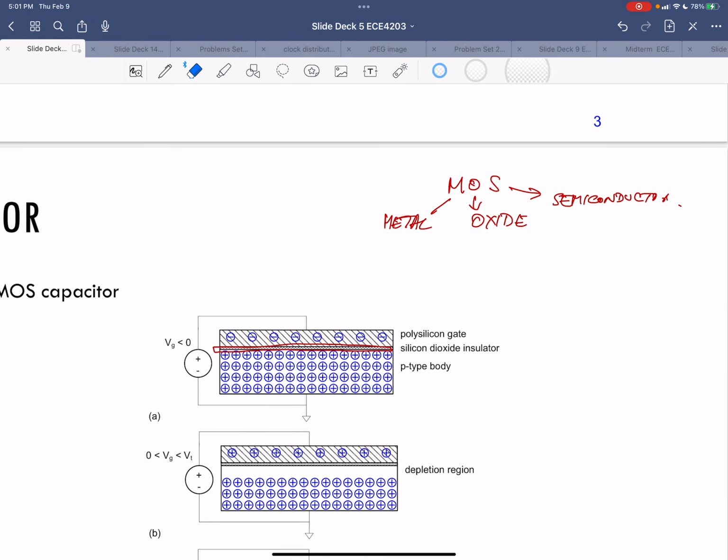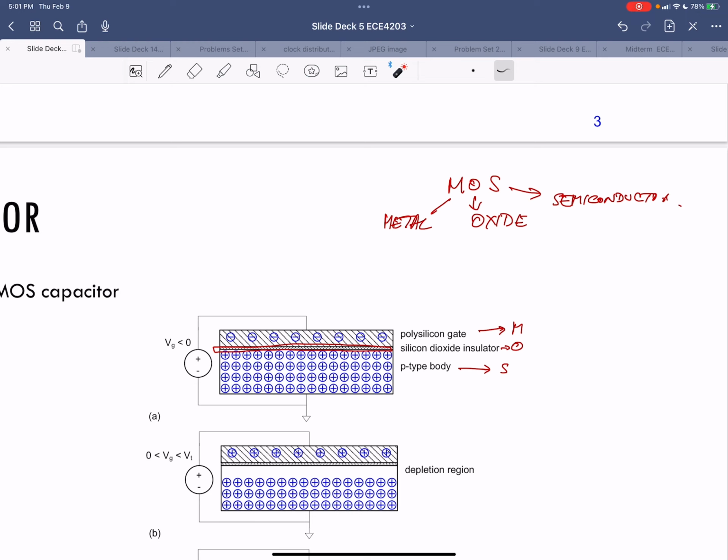So again, this will be the M, this is the O, and this is the S in semiconductor. In a typical process, we use a polysilicon layer for the gate and the silicon wafer as your semiconductor or body, so-called, in this drawing.